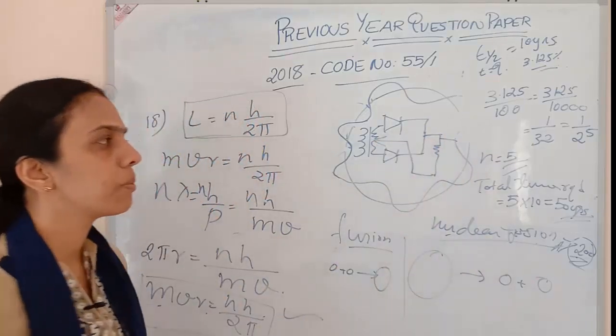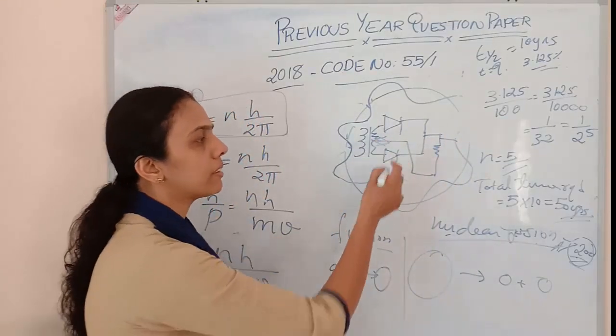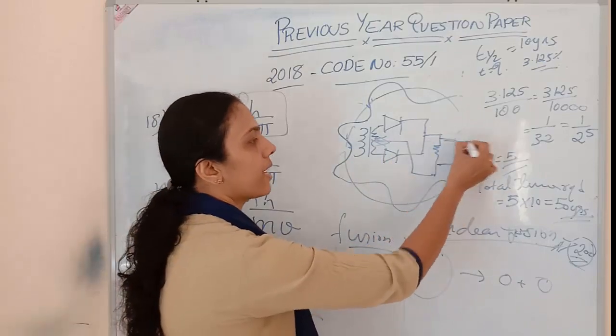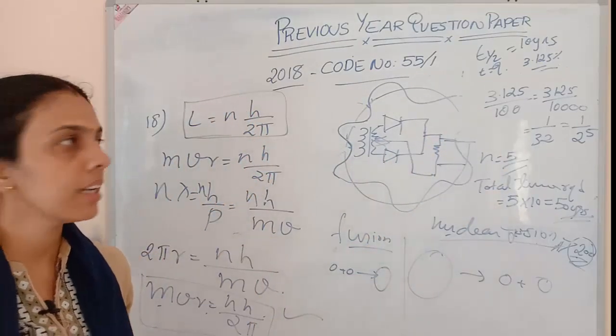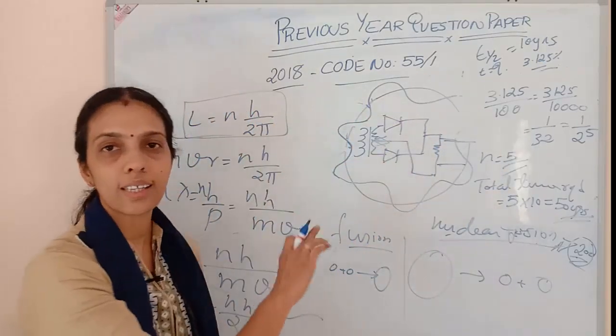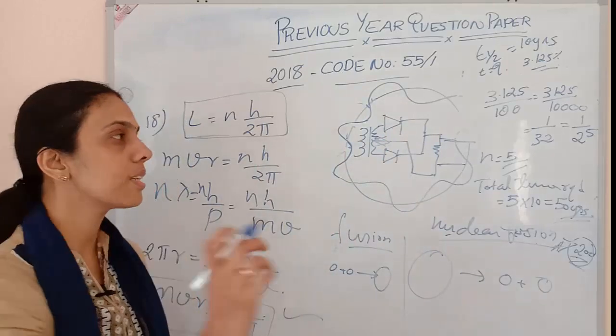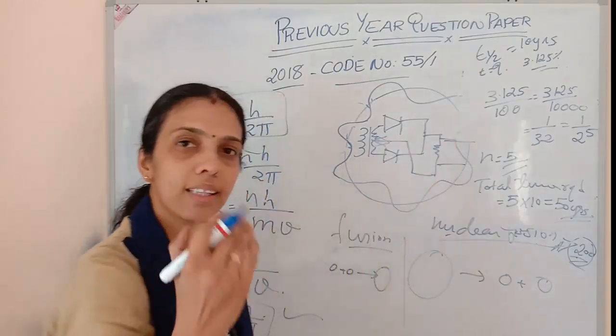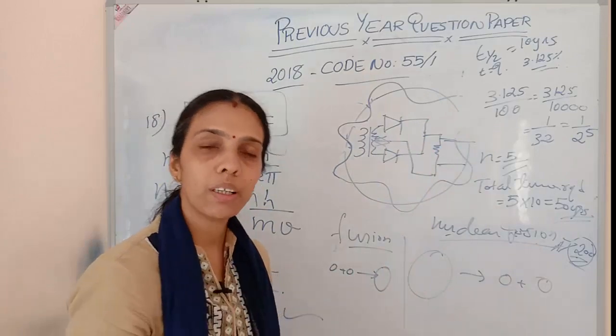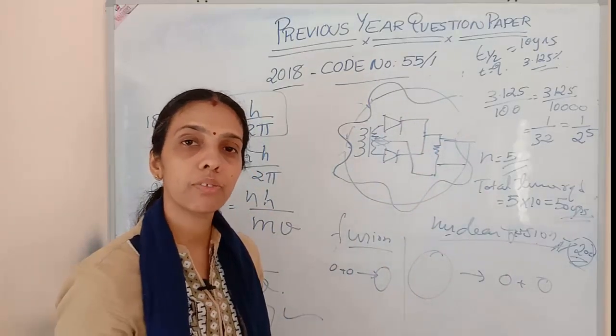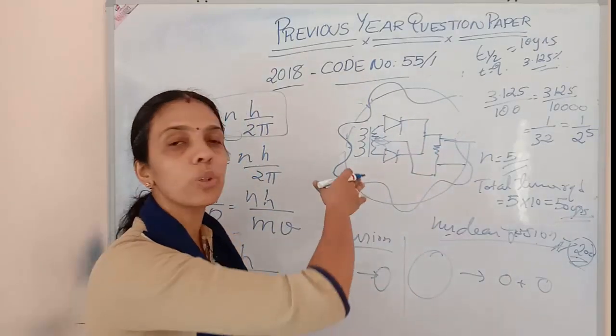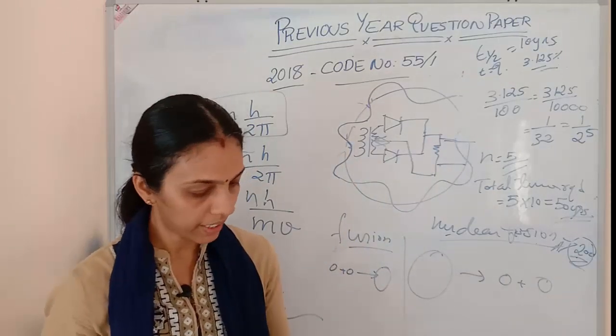This is how we get the output as a continuous supply. Two diodes will be used. To get DC from AC, we can use a half wave rectifier or a full wave rectifier, but here we should use the full wave rectifier.